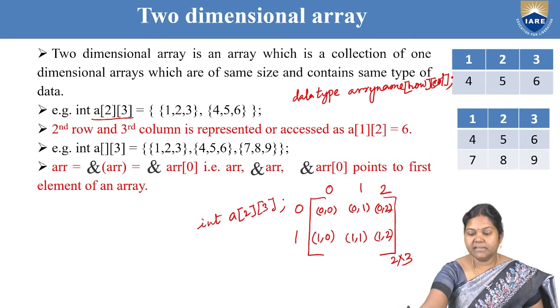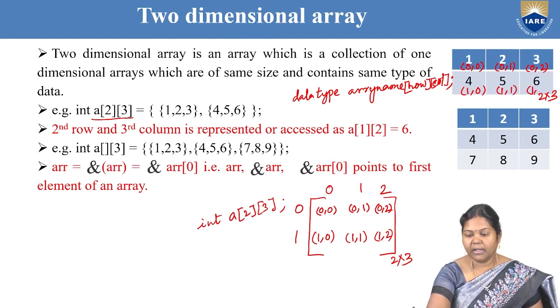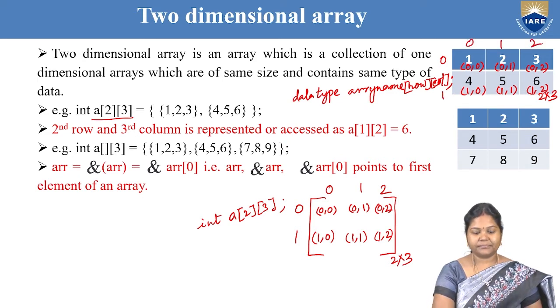So, this is a 2 by 3 array. You can see here, this is at 0,0, this is at 0,1, this is at 0,2, and this is 1,0, this is 1,1 and this is 1,2.